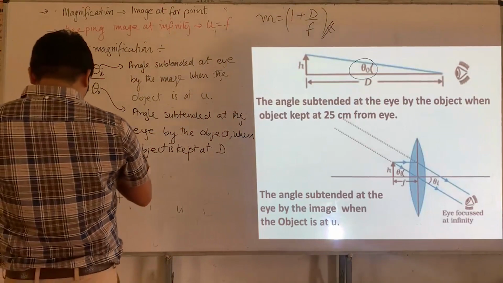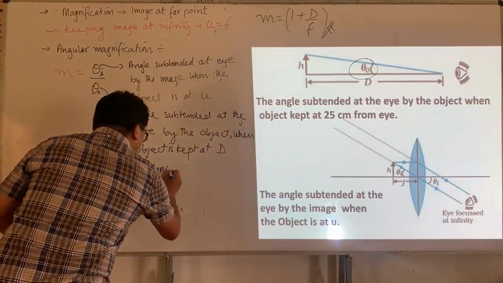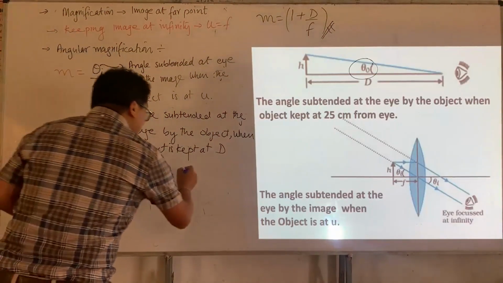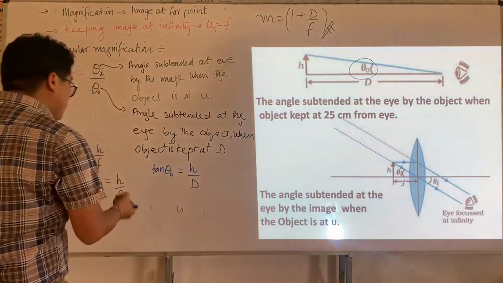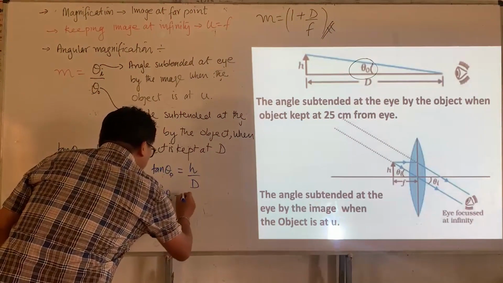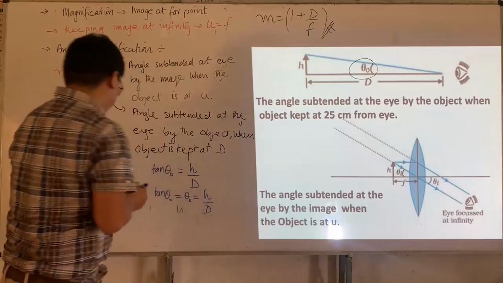Now what about tan theta O? tan theta O is equal to h divided by d. Since theta is small, tan theta O is almost equal to theta O, which is equal to h by d.